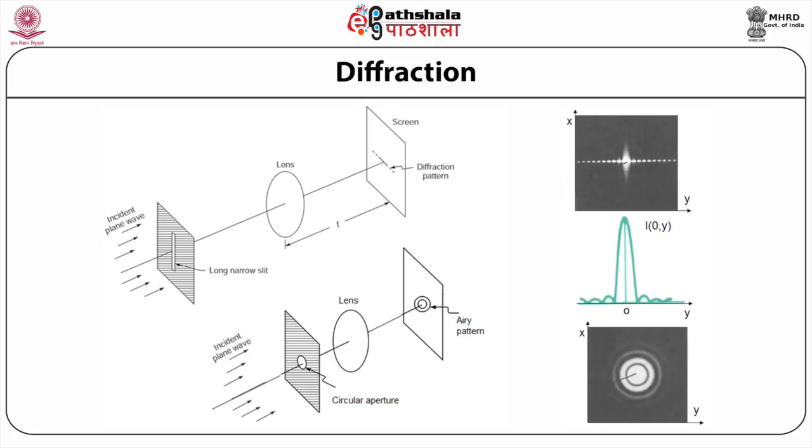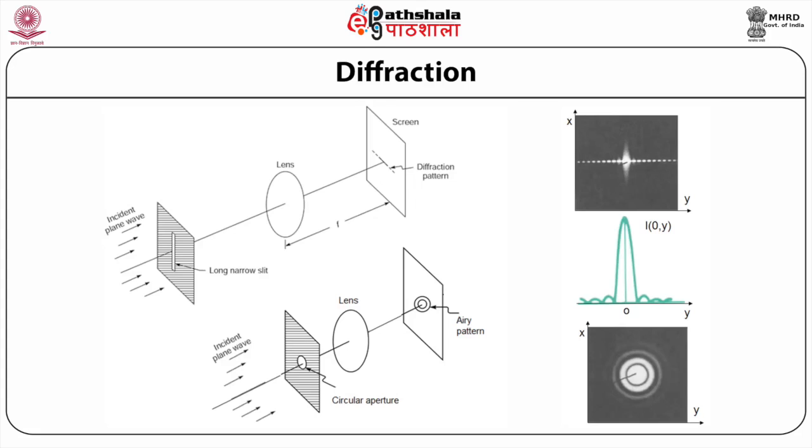The intensity at the center is the maximum, and it appears as shown here in the middle figure. For a circular aperture, the pattern is made of circular fringes as shown here.